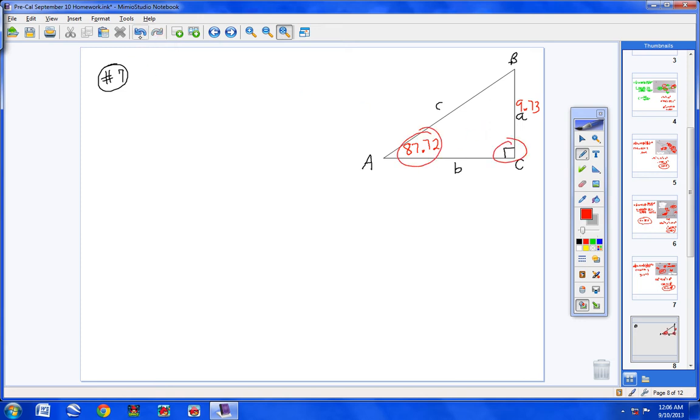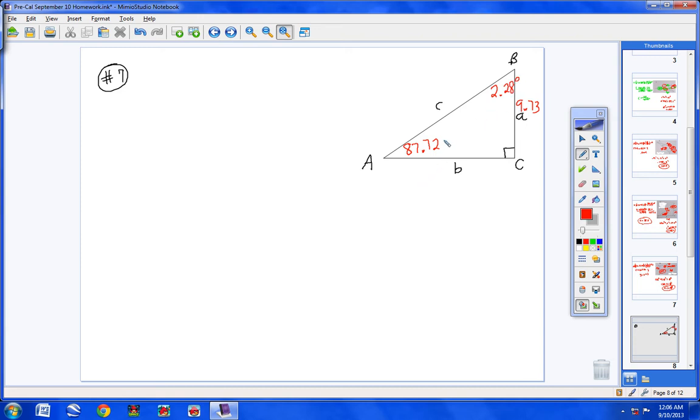So with our handy dandy calculators, we're very quickly going to type in 90 plus 87.72, and then subtract that from 180, and you will get 2.28. I've got to look and see if that's right. Okay, that looks correct. So this angle's 2.28 degrees. So I found angle B.